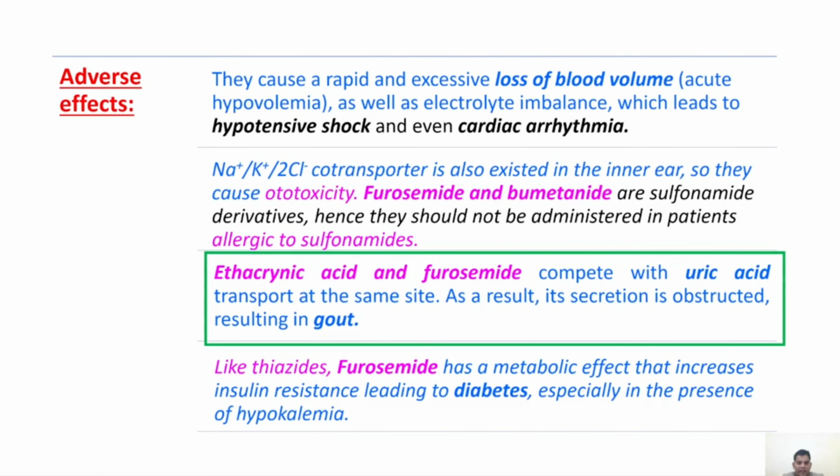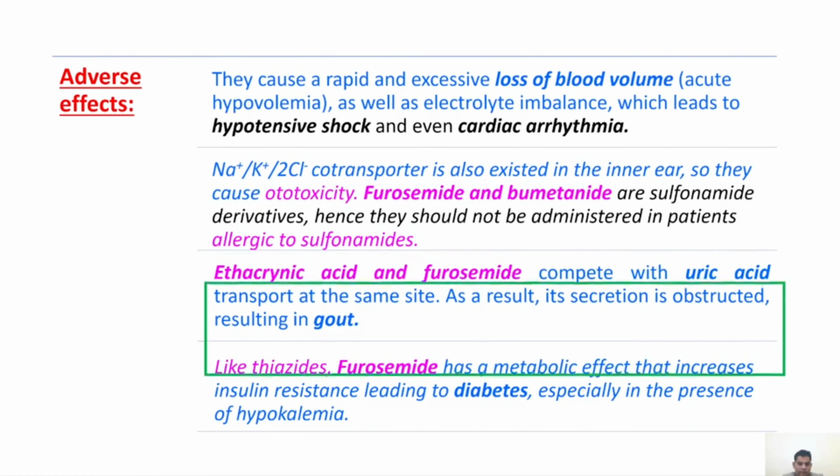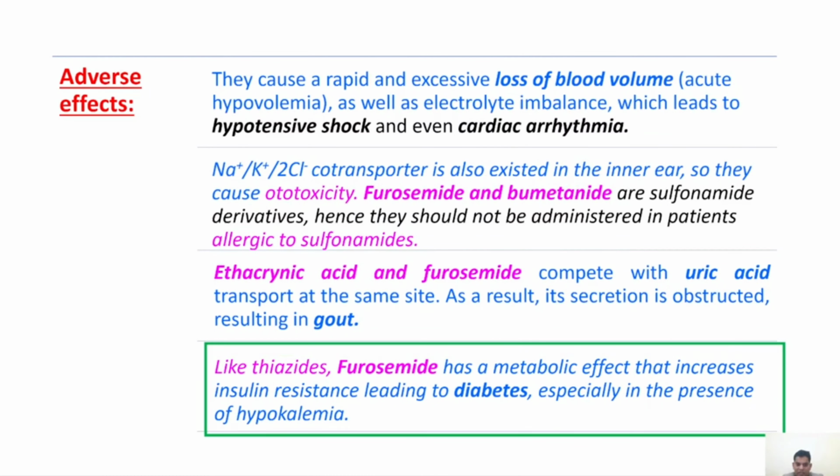Next, ethacrynic acid and furosemide compete with uric acid transport at the same site. As a result, its secretion is obstructed, thus resulting in gout. Last one, like thiazides, furosemide has a metabolic effect that increases insulin resistance, leading to diabetes, especially in the presence of hypokalemia.